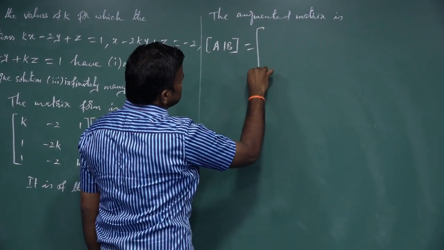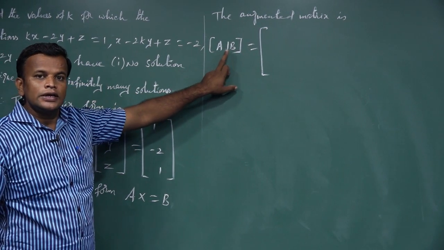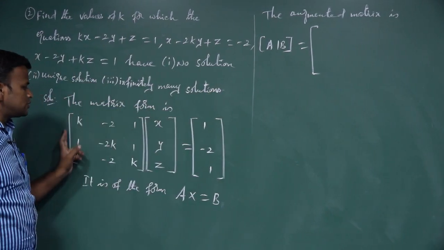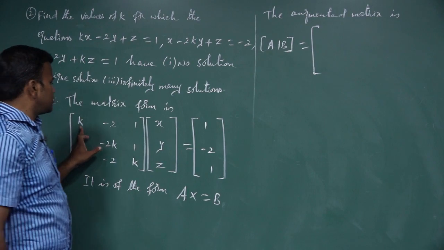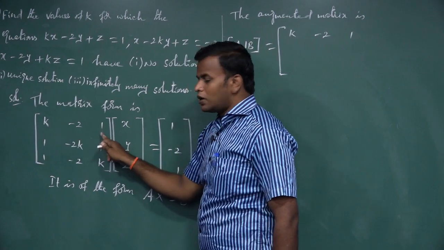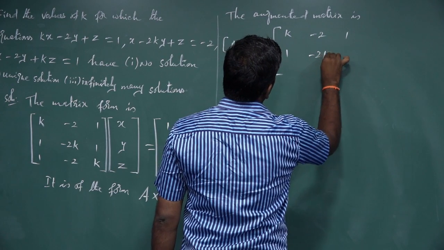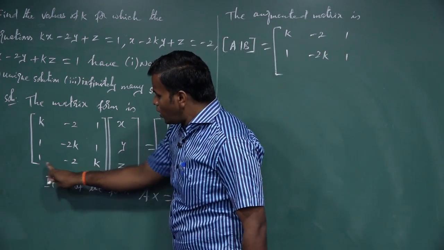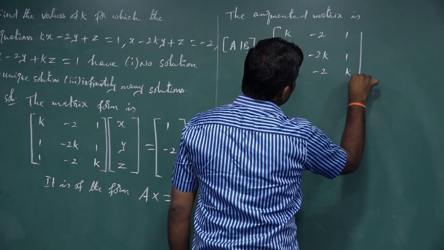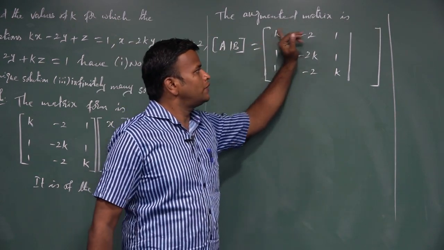That is, the matrix A is extended by another matrix B. First we write the values of A, then we extend by another column, the matrix B. So first we enter the rows of A: k, minus 2, 1. Second row, 1, minus 2k, 1. Third row, 1, minus 2, k.